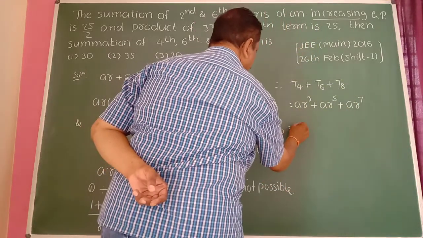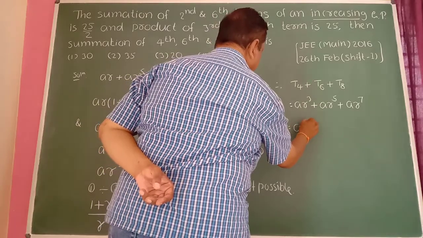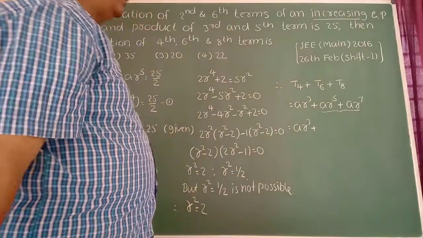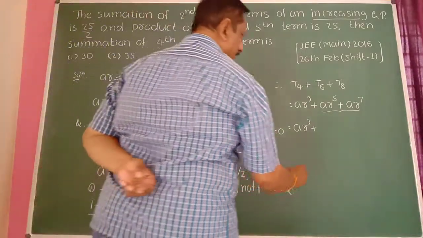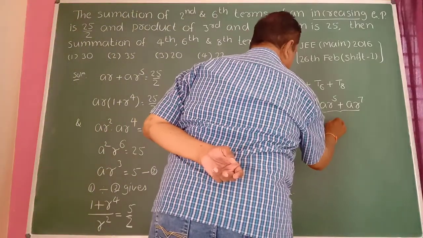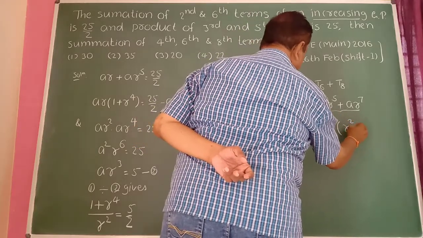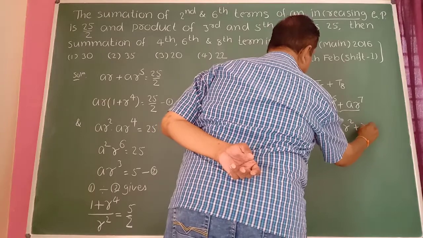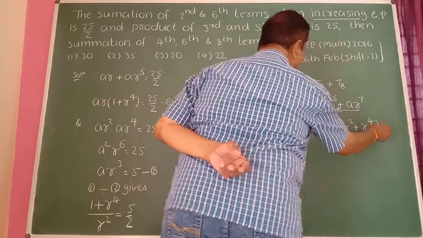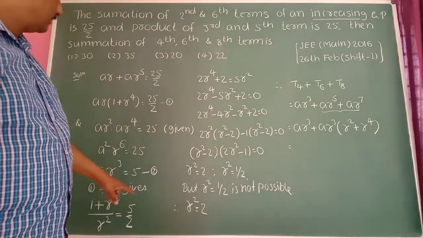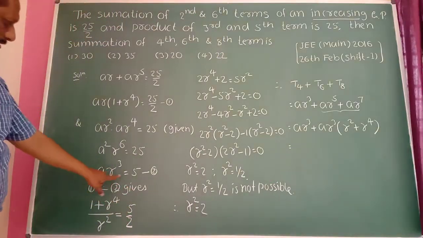Therefore, this is equal to AR^3 times, taking AR^3 common, the remaining is 1 plus R^2 plus R^4. Therefore, AR^3 is equal to 5.